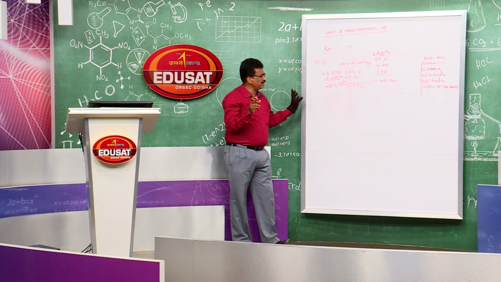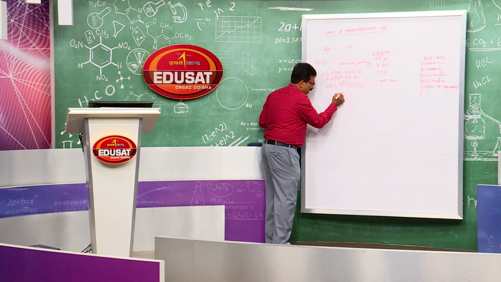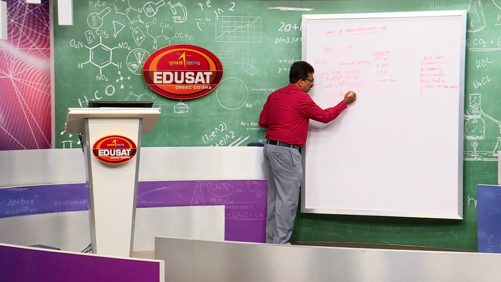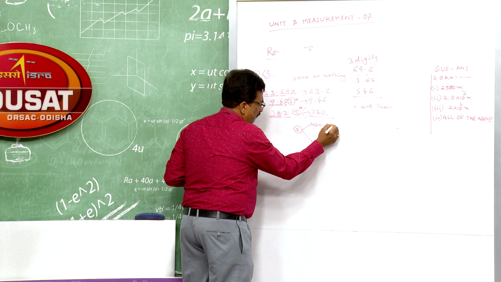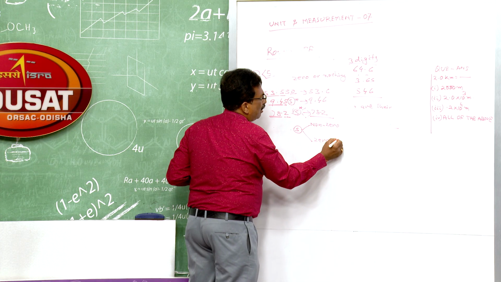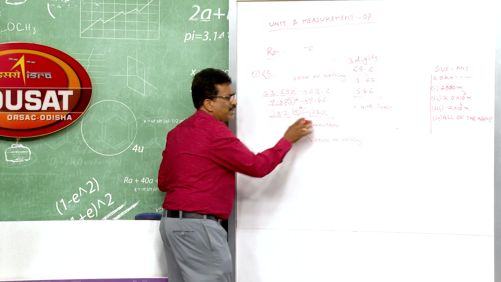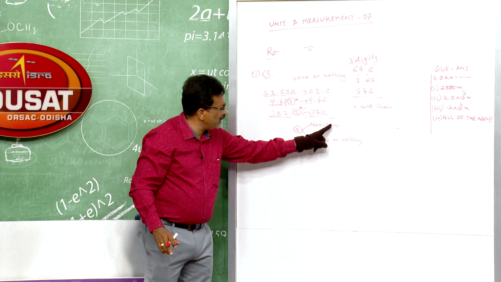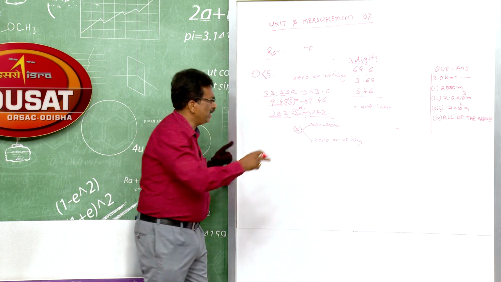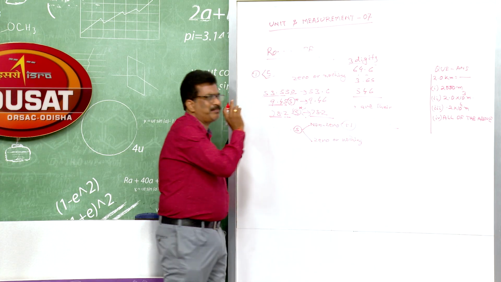Are you clear, my students? It is very important. After the third place, if it is 5, there are 2 things: either non-zero, or 0 or nothing. These 2 cases will come always. If it is non-zero, then you have to add 1 to its preceding digit.